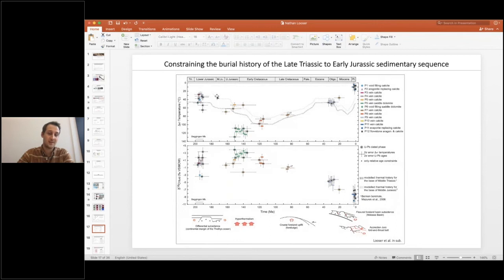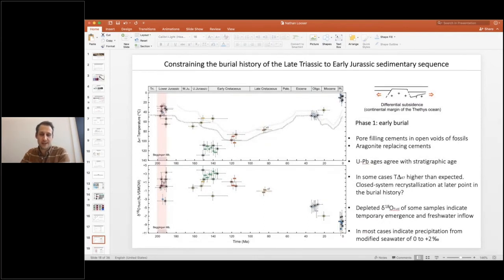That is based on inverse thermal modeling of apatite fission track, vitrinite reflectance, and biomarker isolation data. But as I said, those are all integrated temperature signals, and we now try to constrain that burial history with discrete points in time. Okay, so let me walk you through that.